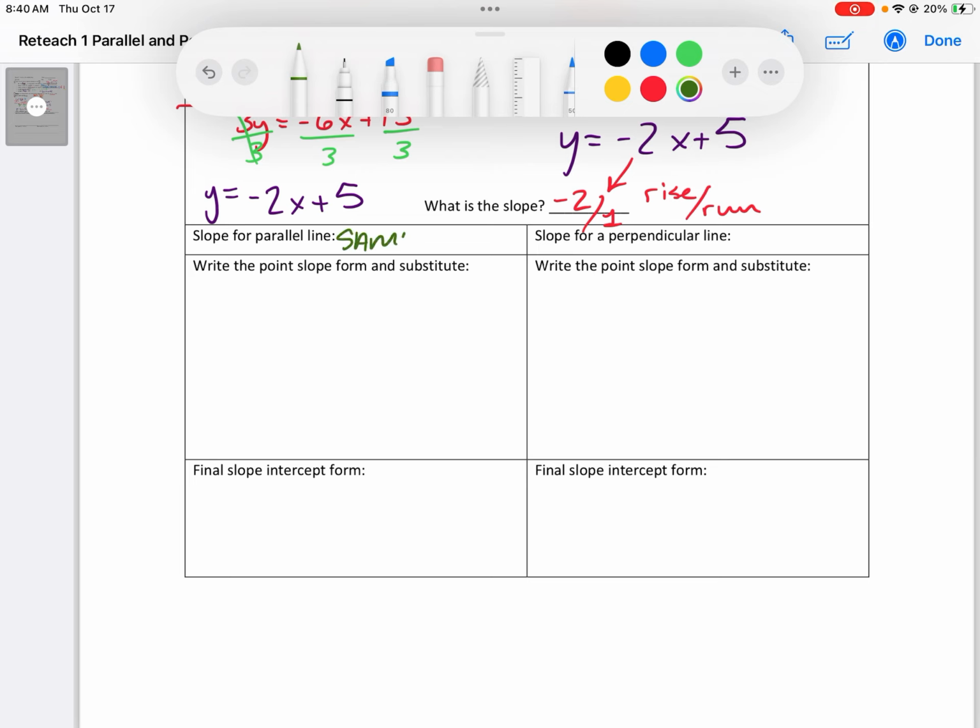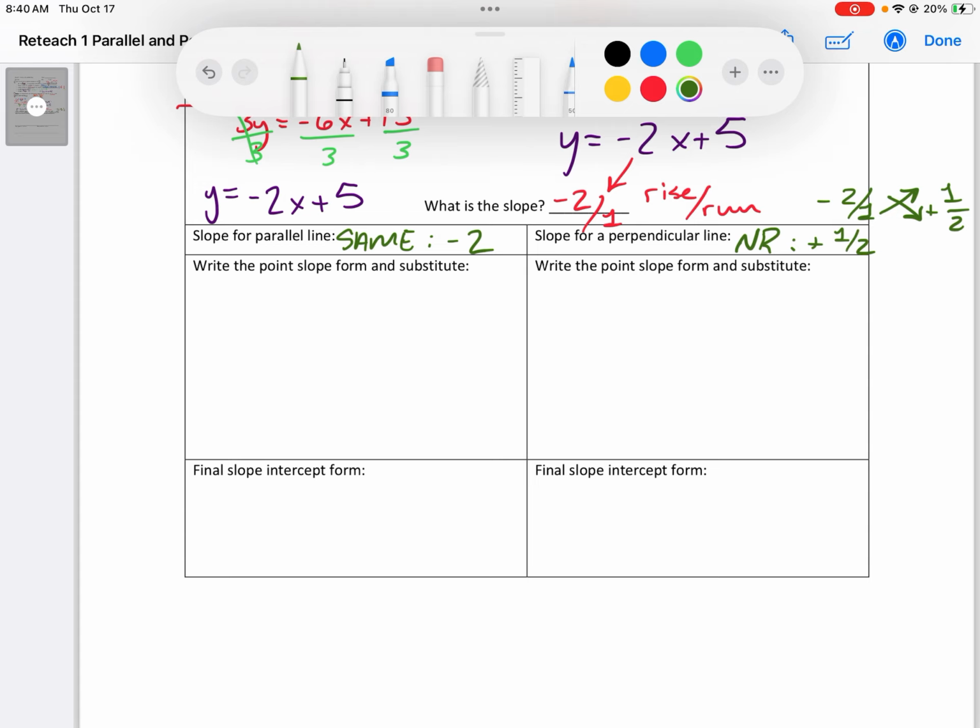So the slope for the parallel line is going to be the same, and that means it's also going to be -2. And then the slope for the perpendicular is going to be your negative reciprocal. That means I'm going to take this -2/1, flip it, and change the sign.